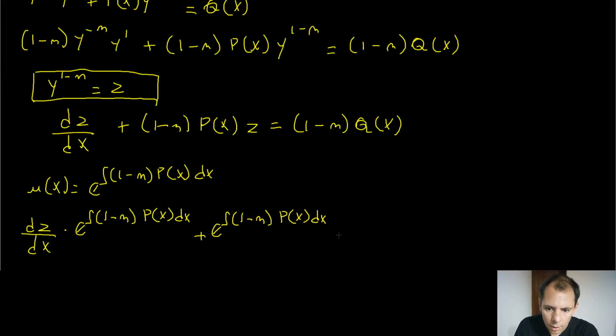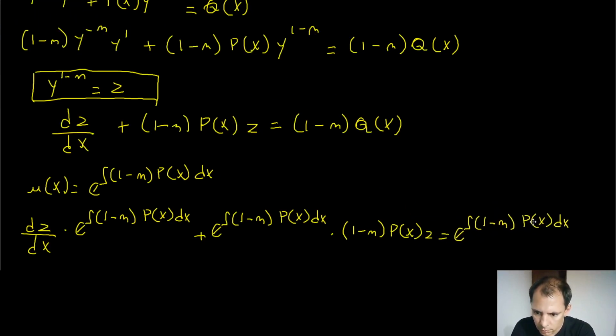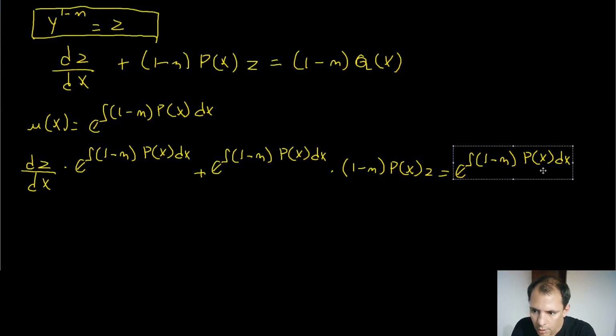Okay, and then you have times 1 minus n p of x z equals, and then I'm going to multiply it again. Man, there's not going to be enough room. Well, anyway, I am multiplying this here, okay?